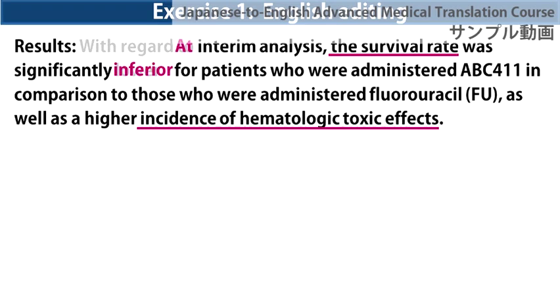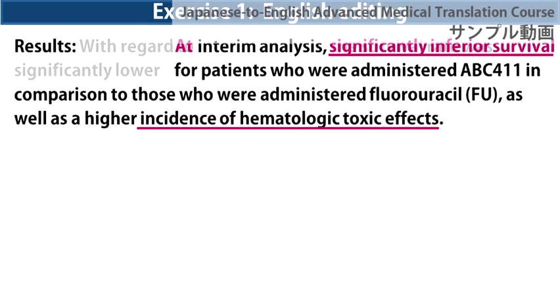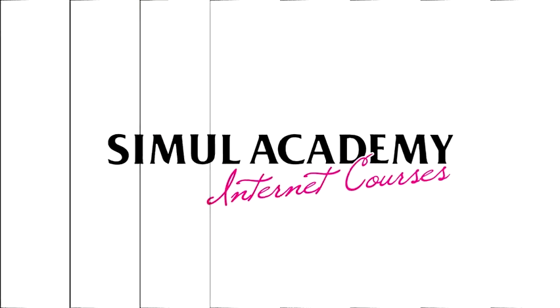So, in the global English sentence, we will use significantly inferior survival. In addition, we can change patients who were administered ABC 411 to the ABC 411 treatment arm.